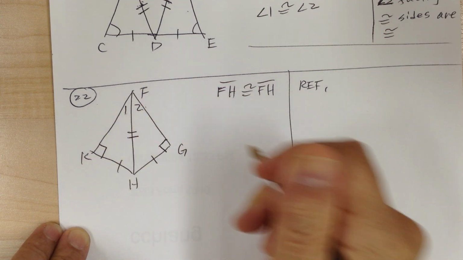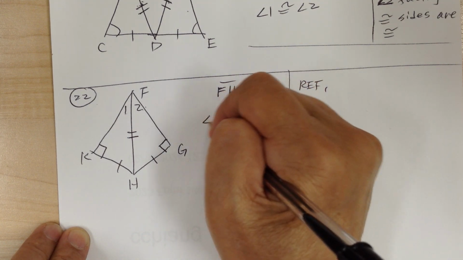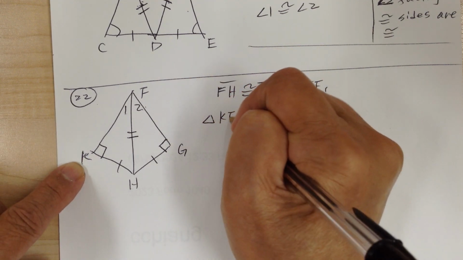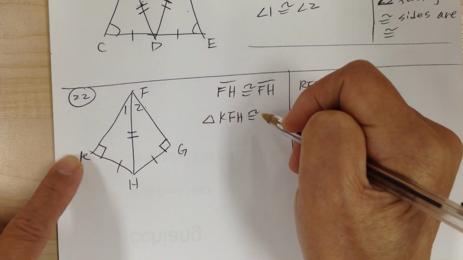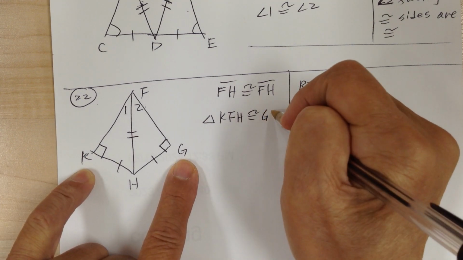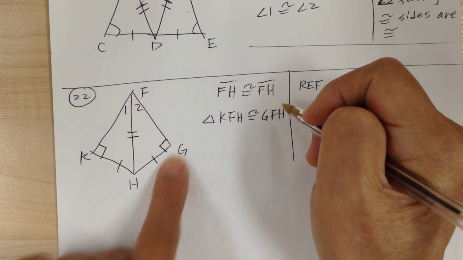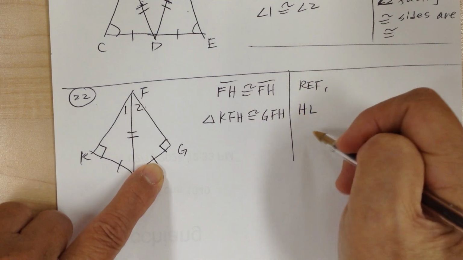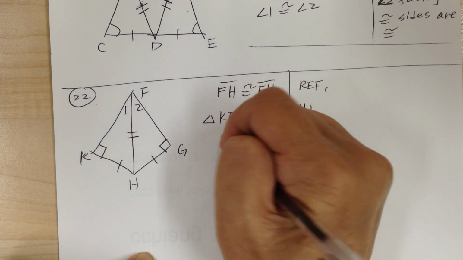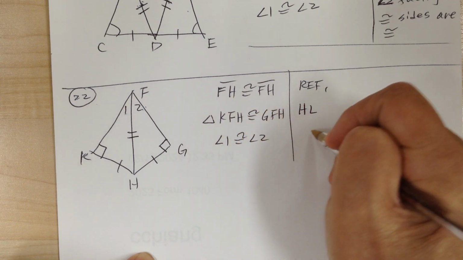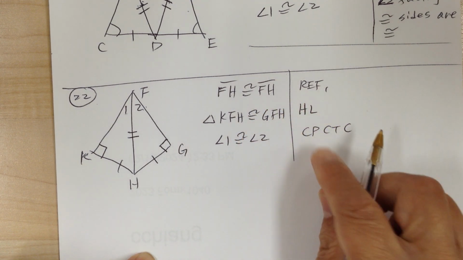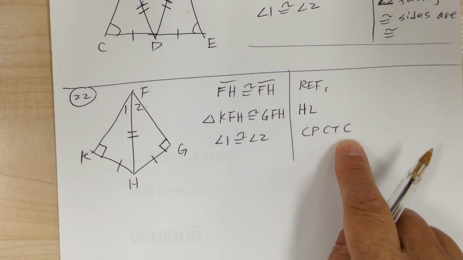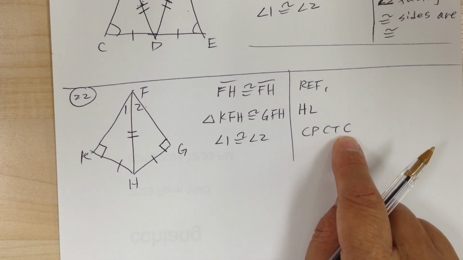Now you can say triangle KFH is congruent to GFH, matching up carefully. Because this is a right triangle, you have the hypotenuse and the leg, so it would be HL. Then angle 1 is congruent to angle 2 by CPCTC. You're going to use this a lot when you prove parts.